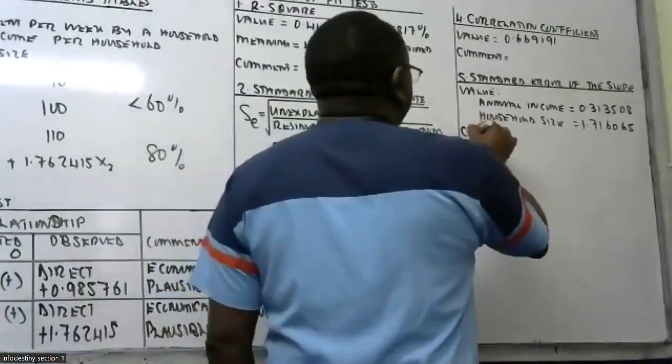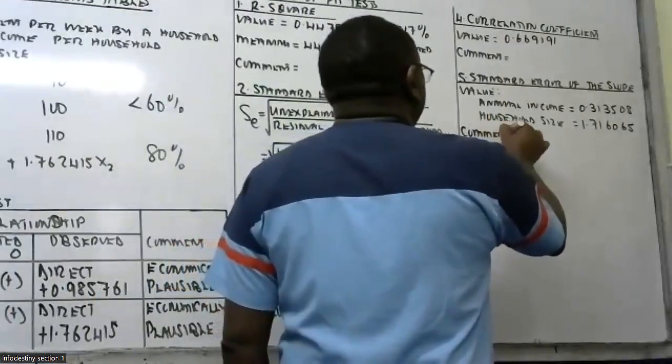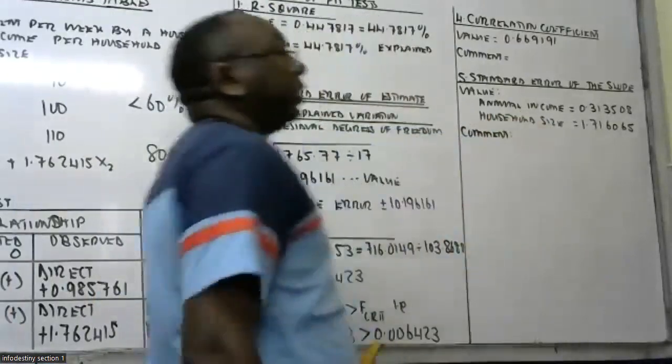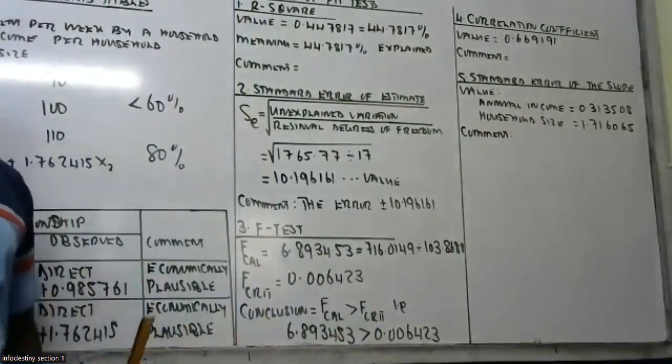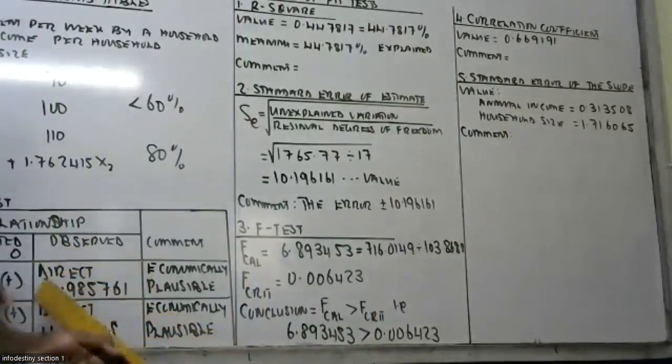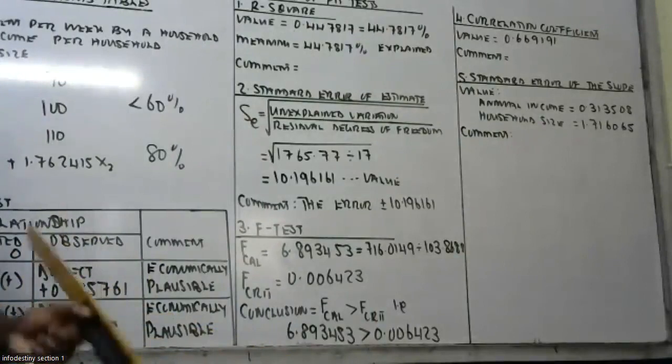So the comments. We normally say the smaller the error, the better the equation, or the better the relationship.